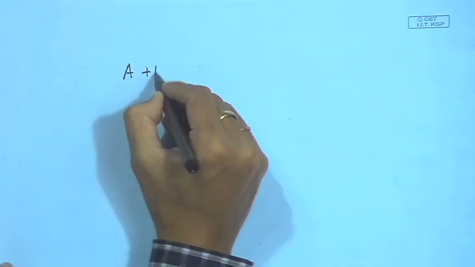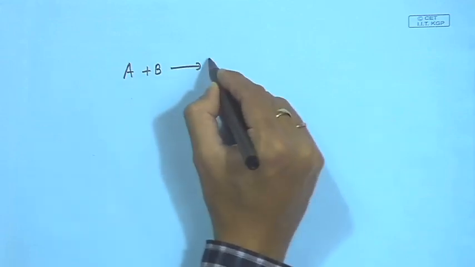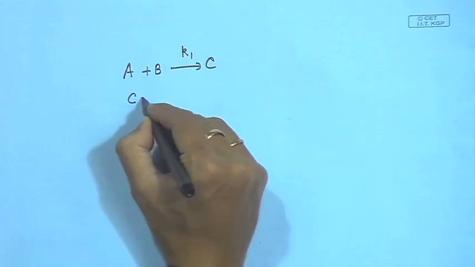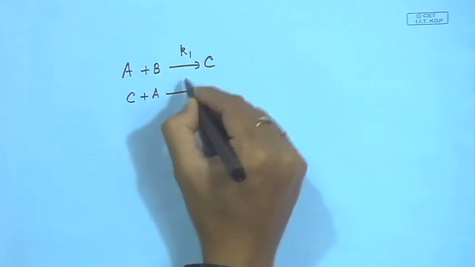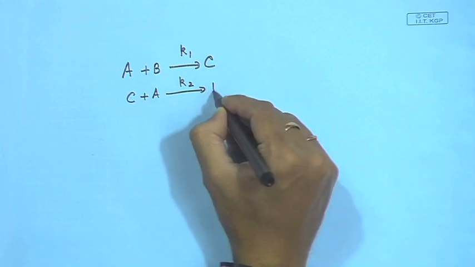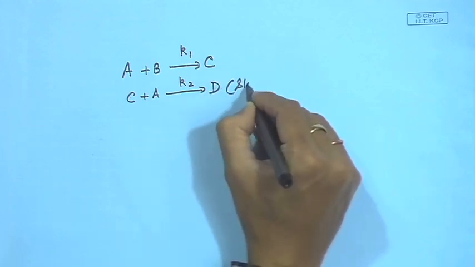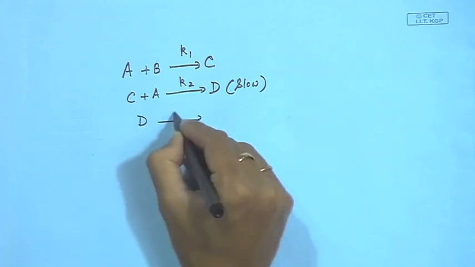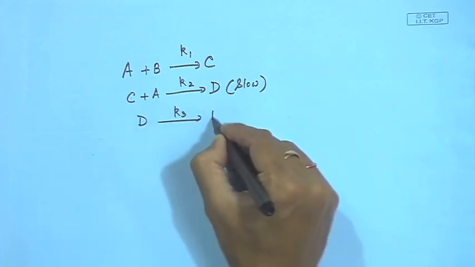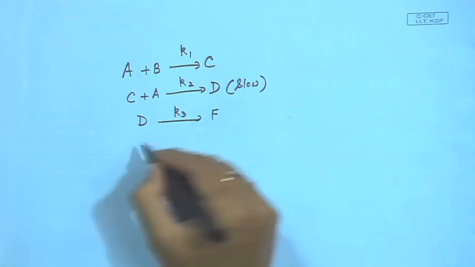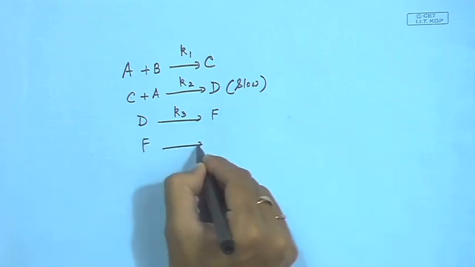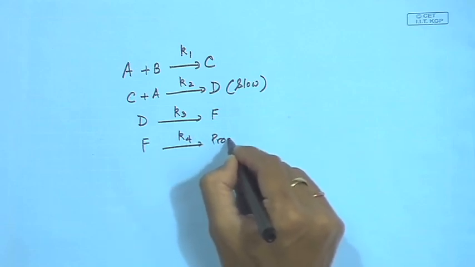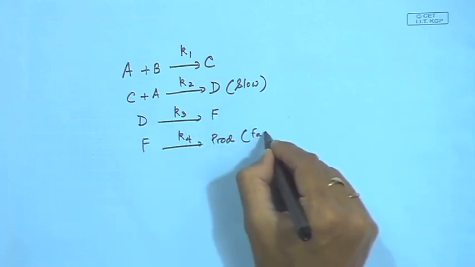A plus B giving rise to C with rate constant K1, then C plus A with K2 giving rise to D, which is a slow step, then D with K3 giving F, then F with K4 giving rise to product, both of which are fast.